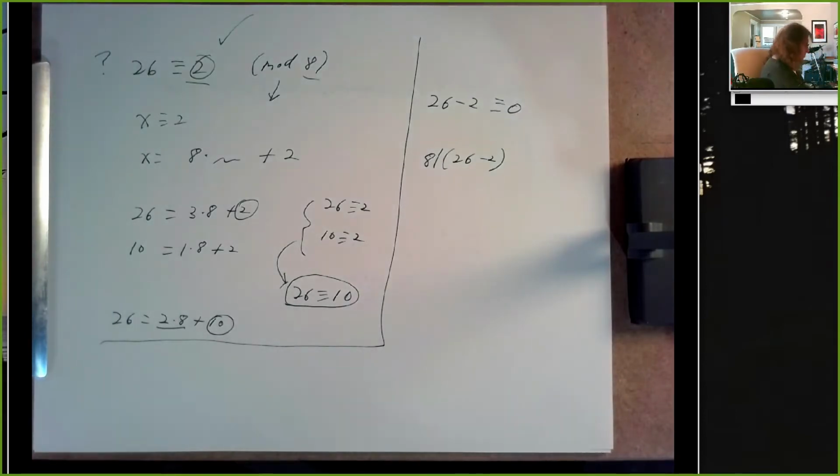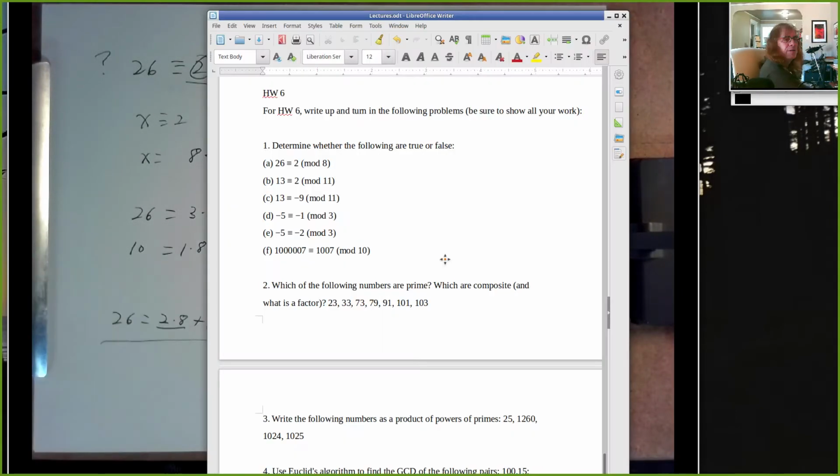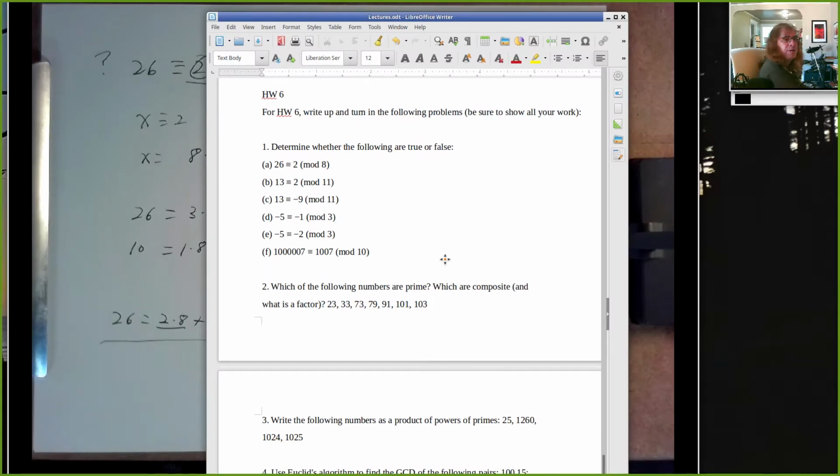So all of those homework questions where we want to know, is this congruent to that, can be solved by saying, is the difference between those two numbers a multiple of the moduli? Okay. Does that make sense? Yeah, it does now. Okay.